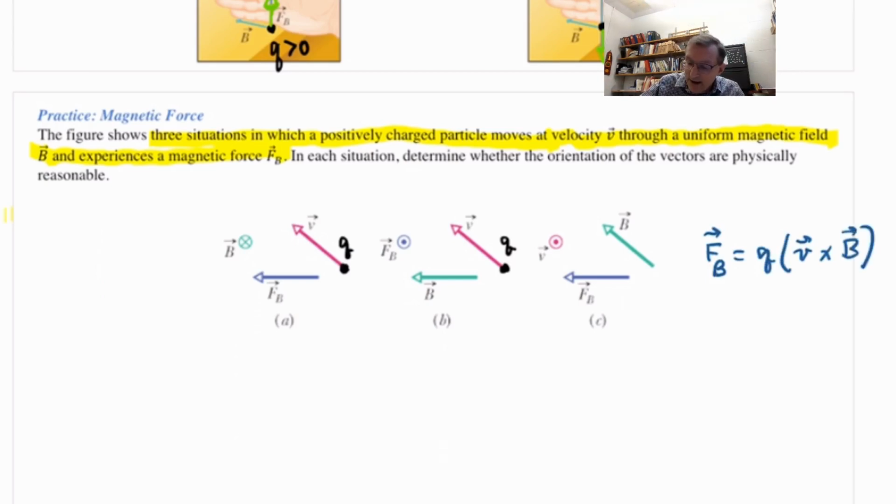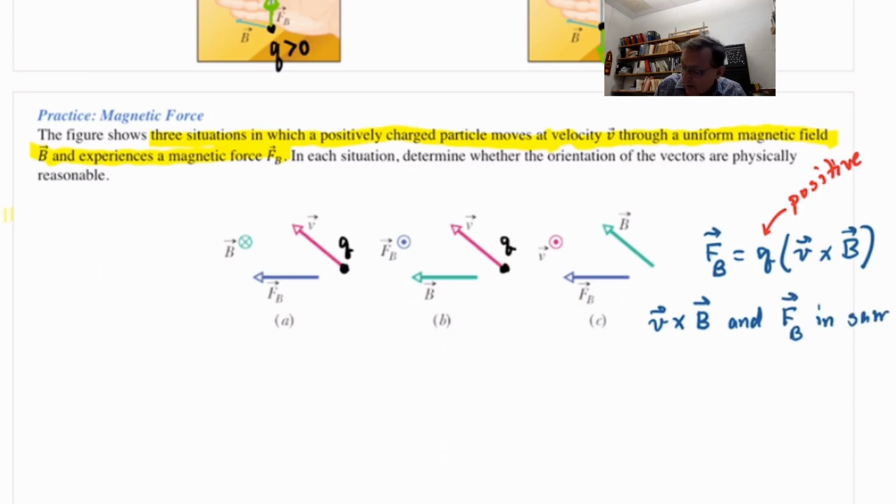Now, we know already that the Q is positive. It's a positively charged particle. That's good news. That means whatever direction I get from the right-hand rule for V cross B, that's the direction of F magnetic. So V cross B and FB are in the same direction. You can see that, right? That's got to be true.